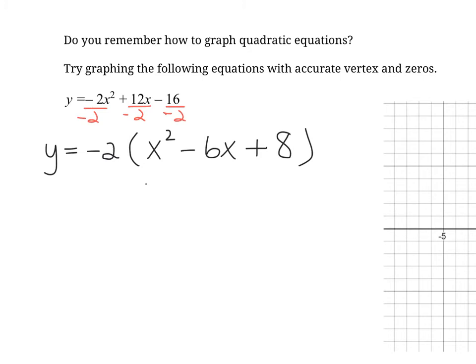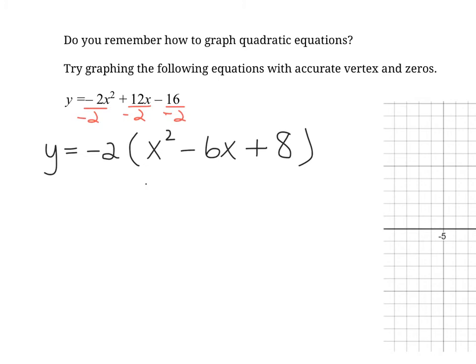So what that means is we need to look for two numbers that will multiply to give us 8, or the C value. Those same two numbers need to be able to add together to give us negative 6, or our B value.